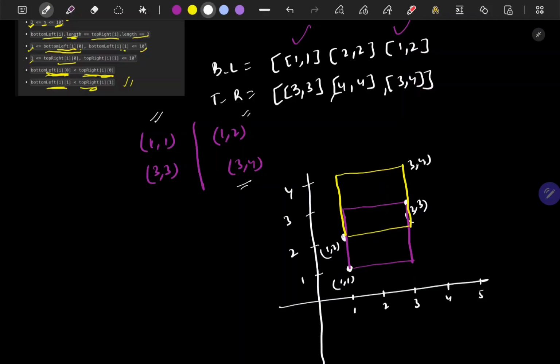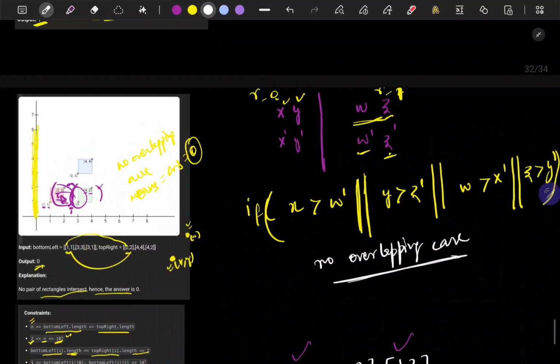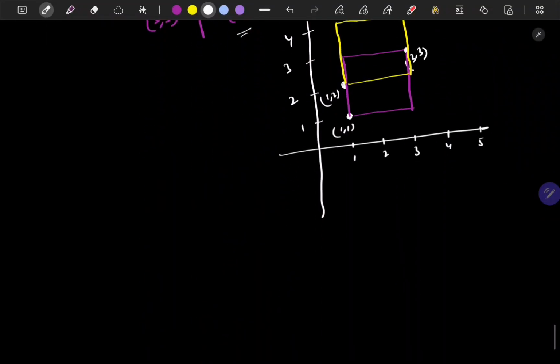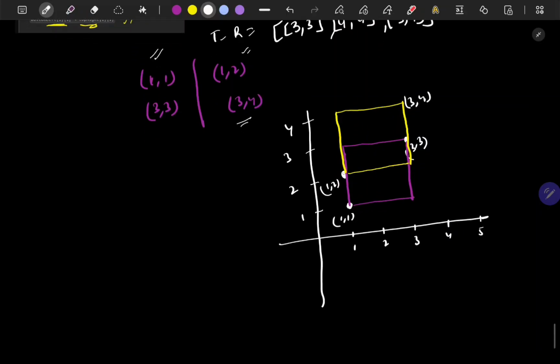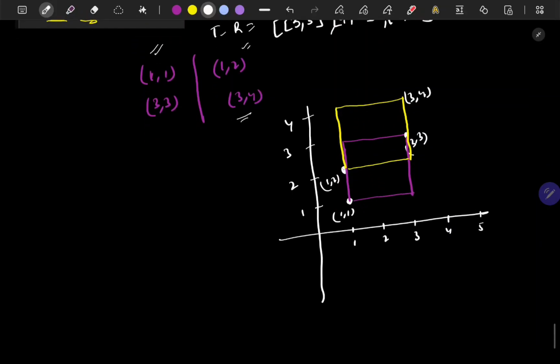We have checked our non-overlapping condition, but if we come under some overlapping case, then how will we calculate our square and what will the operations be?